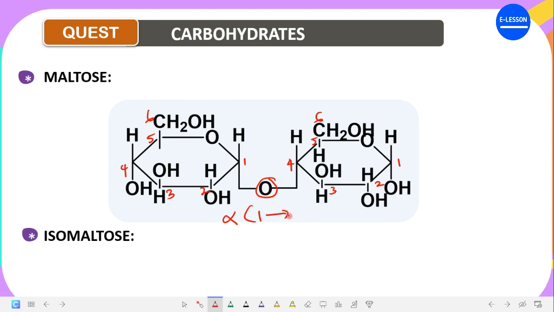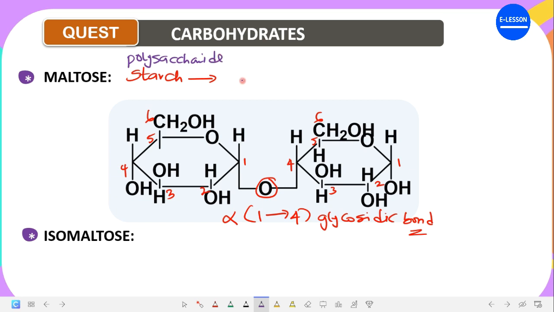We already discussed this. Are you getting it now? Now, maltose is not usually produced in the body, but is a breakdown product of starch. When you break down starch, we established that starch is a polysaccharide.